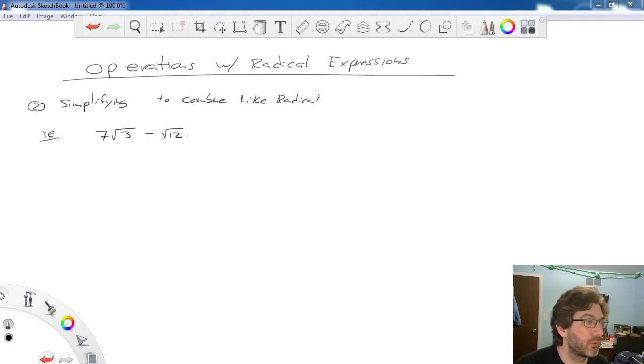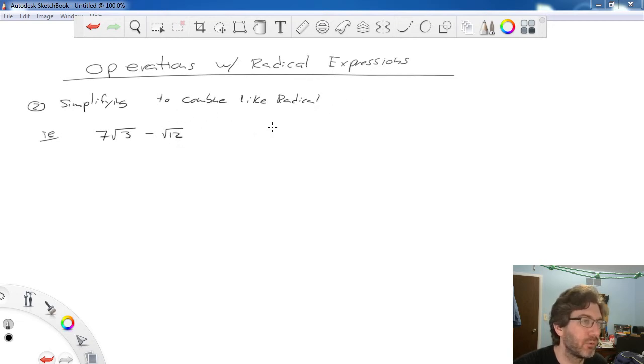So what we're looking at here is simplifying and then combining. This can get a little tricky if you don't notice things, but again, we're looking for factors. So here we have the square root of 3. Is the square root of 3 a factor of the square root of 12? It actually is, because I can reduce the square root of 12.